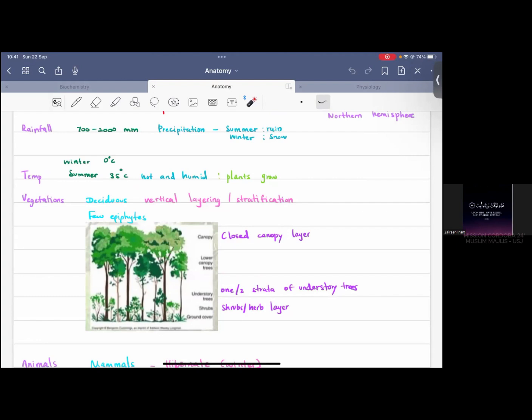The very top you have the closed canopy layer, then they might have one or two strata of understory trees, and then at the bottom they have a shrub or herb layer. And in the vegetation, they have few epiphytes. Can anyone say another biome which has epiphytes?